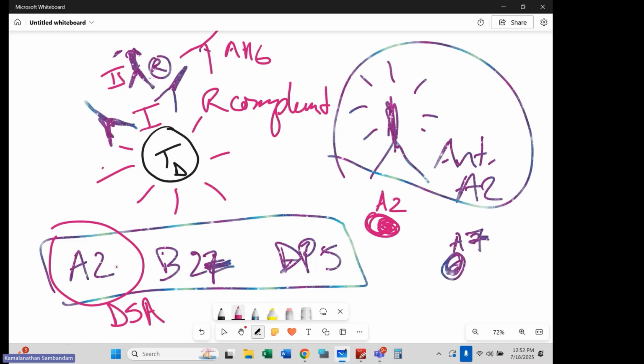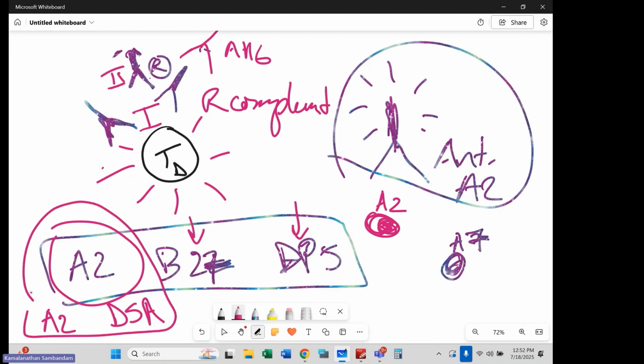It may be a DSA, because even though the recipient produces these others, the donor kidney does not express a B27. The donor kidney may only express A2. And so this is the only donor specific antibody.